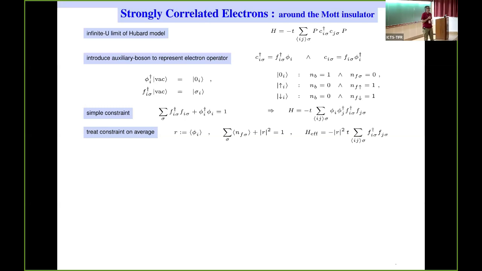And then you already have a very simplistic idea of band narrowing, because if you have no empty sites at all, then of course this would be 0, obviously, and you would have no hopping at all. If you have some number of empty sites, you would have a value between 0 and 1, and you would strongly normalize the t. This gives you the band narrowing effect.